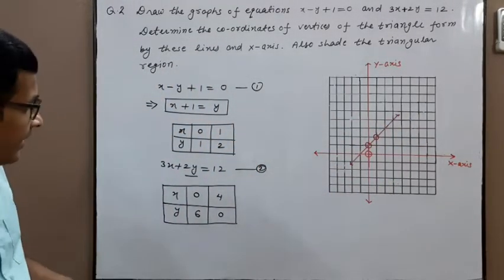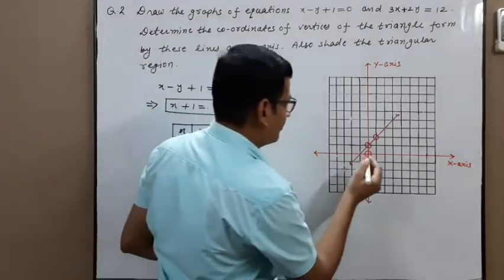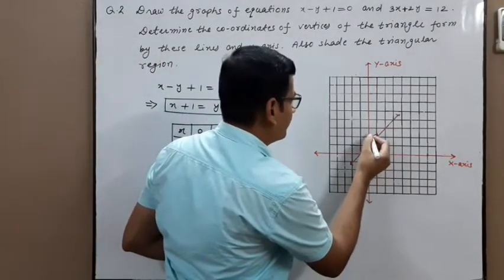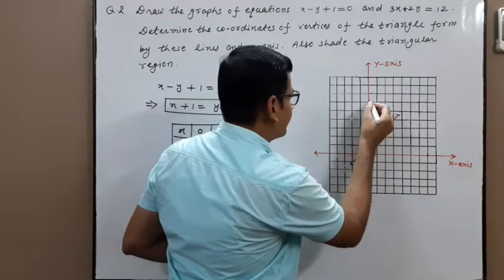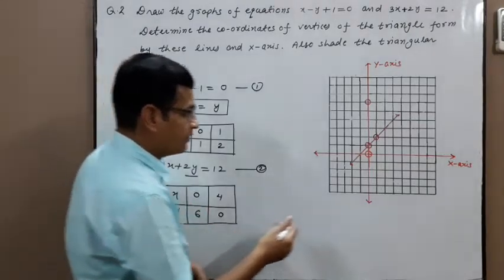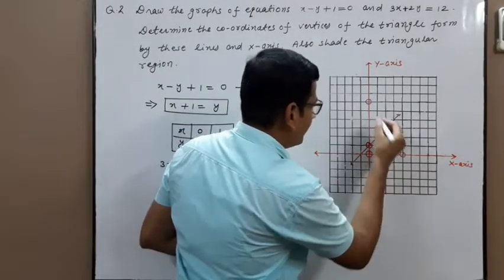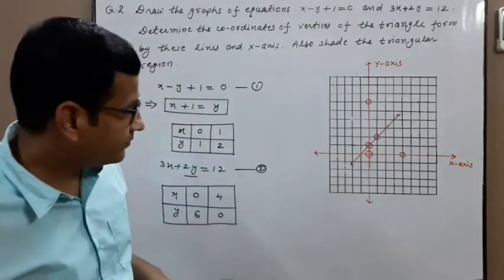Now draw another line, (0, 6) and (4, 0). 0, 1, 2, 3, 4, 5, 6. And the second point (4, 0). Now join again these 2 points.